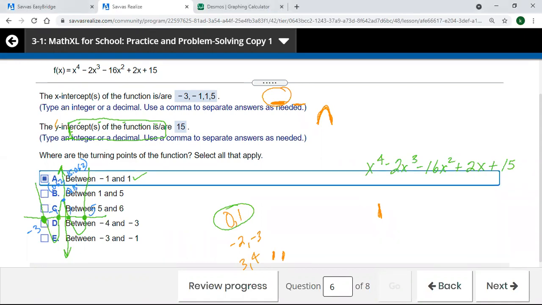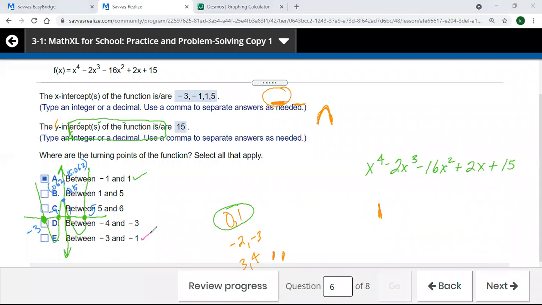Negative 2 to negative 3 would be in this range for these two.